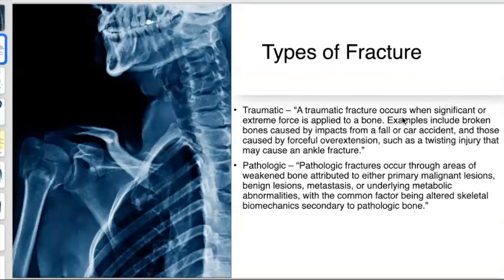A traumatic fracture occurs when significant or extreme force is applied to a bone. Examples include broken bones caused by impacts from a fall or car accident, and those caused by forceful overextension, such as a twisting injury that may cause an ankle fracture.